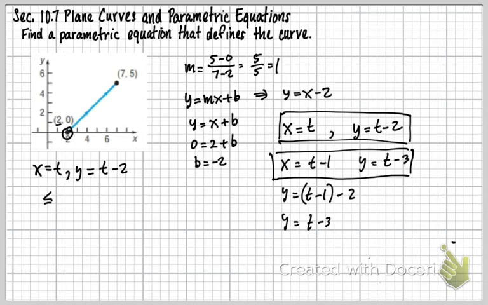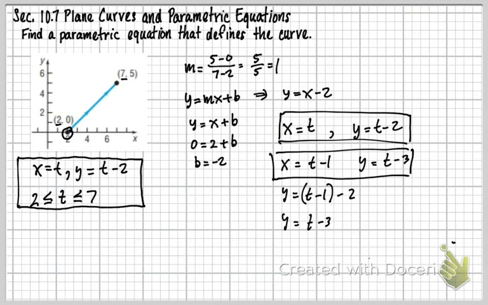So my t is going to start at 2, and then my t is going to end at 7. Because they're equal, it's just going to be that bound for my parameter t. So that is actually my answer for this first one here.